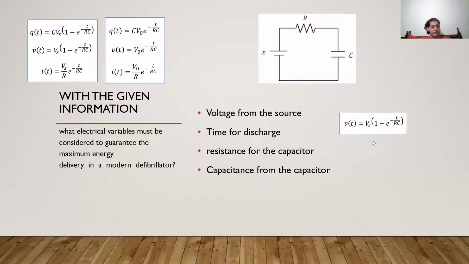And as I mentioned, the resistance of this circuit has to be optimum for us to have the maximum energy delivered, and also the capacitance of this capacitor. If we have a smaller capacitance, then we will not be able to give the maximum energy to the system or to what we want.